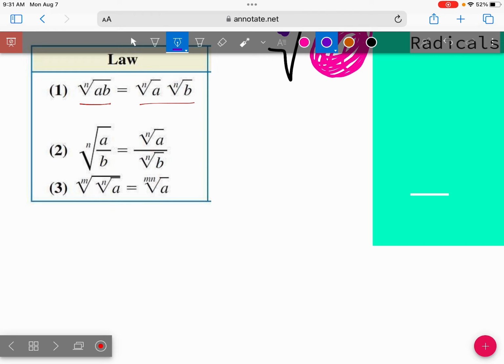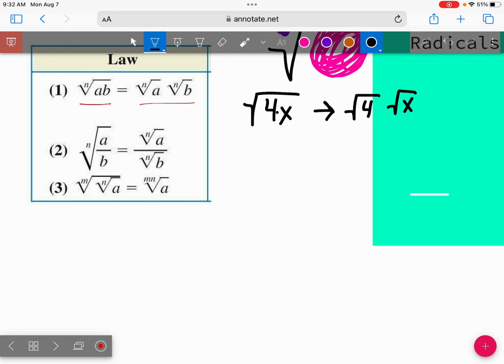So I'm just going to do these with square roots when we're going through the laws, because the different indexes don't make a difference right now. So let's pretend we have the square root of 2x. Or actually, no, I'm going to make it 4x. If we were asked to simplify that, I could split that to be the square root of 4 and the square root of x.